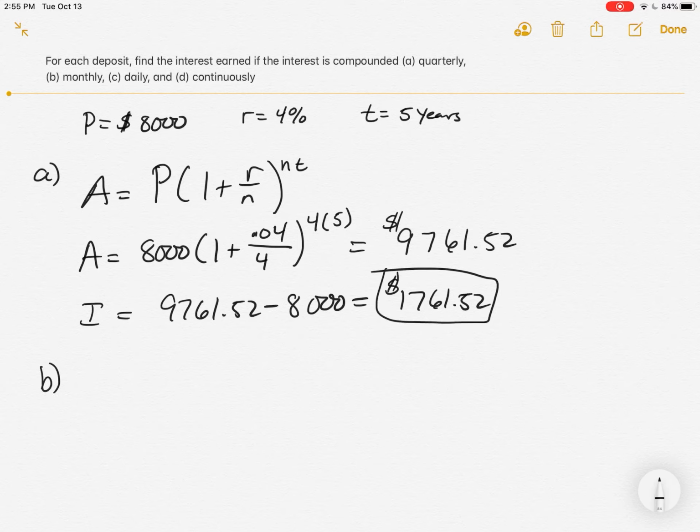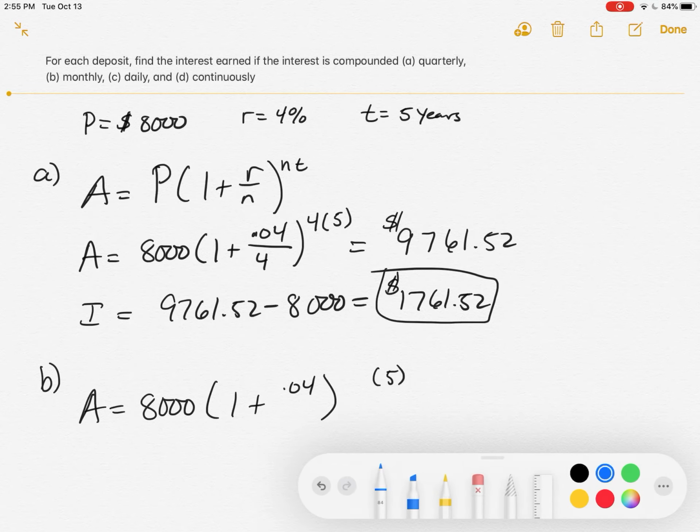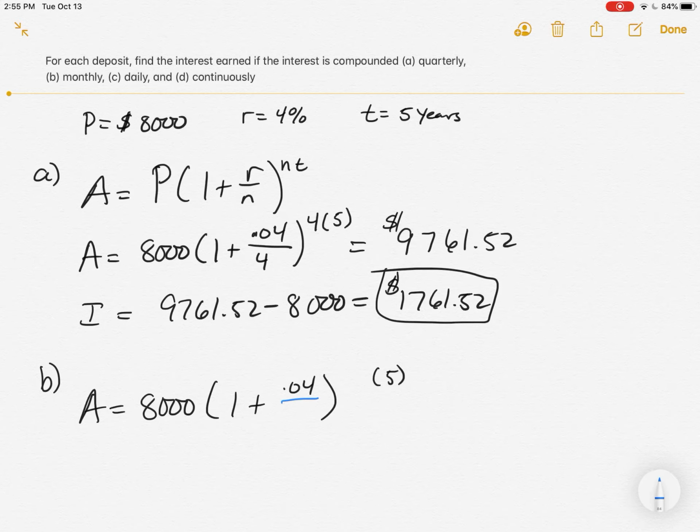Part B, what if I compounded it monthly? Well, what would change in here? Well, my 8,000 wouldn't change, so I'll leave that in black. My 1 and the 4% wouldn't change, and my time being 5 years wouldn't change. But what would change? The fact that I'm having it done 12 times a year.